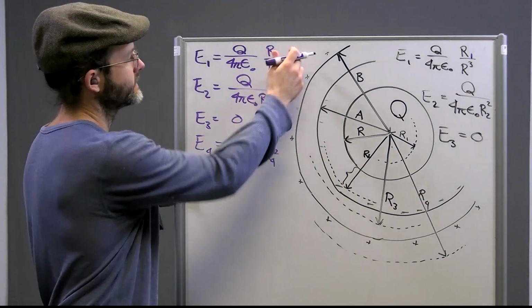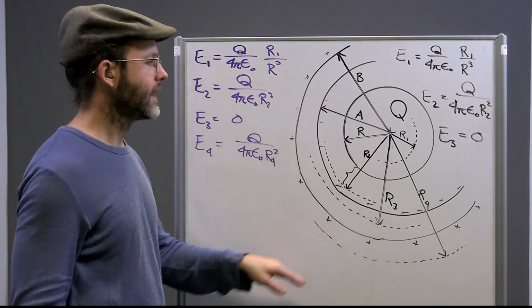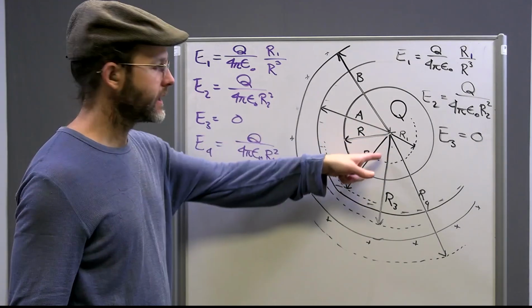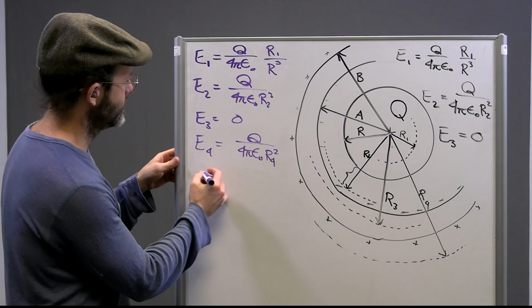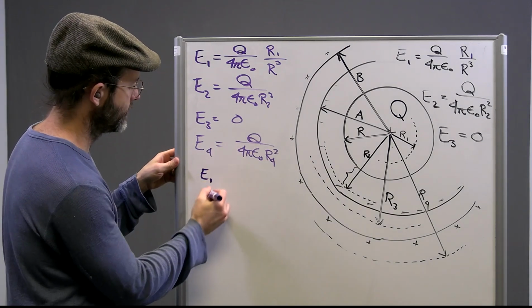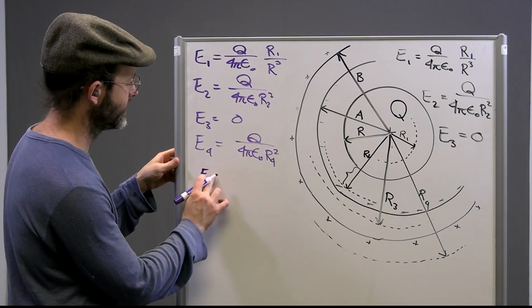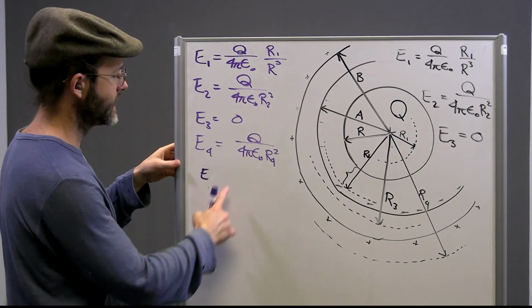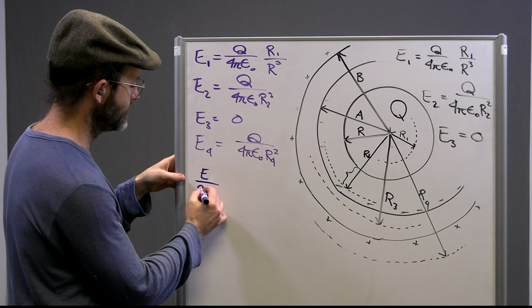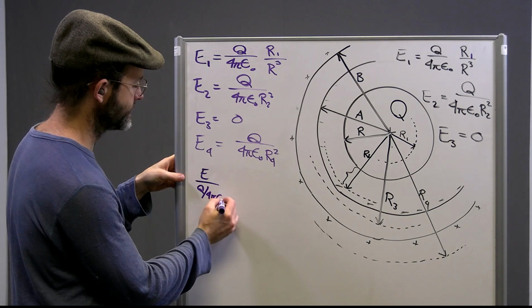Each of these gives us some indication of what's happening as we increase the radius through these different elements. So we're going to plot a normalized electric field, meaning I'm just going to divide E in each case by Q over 4 pi epsilon naught.